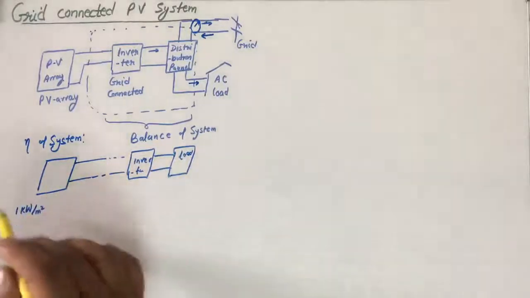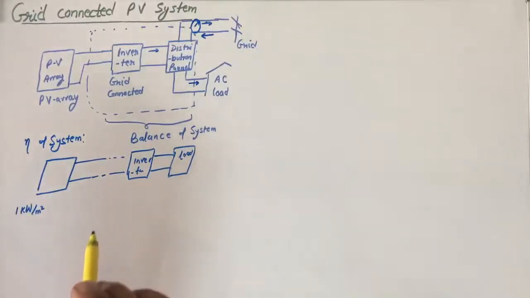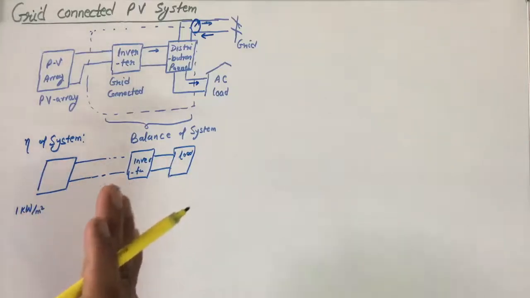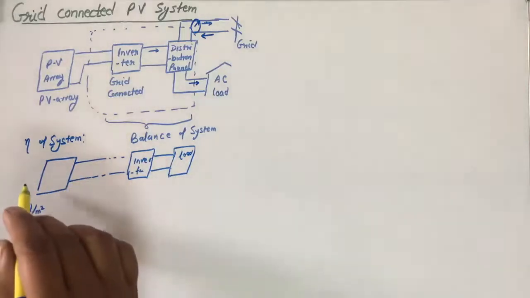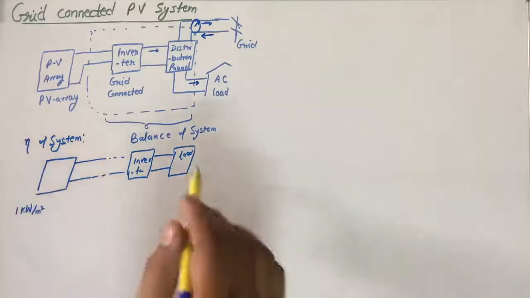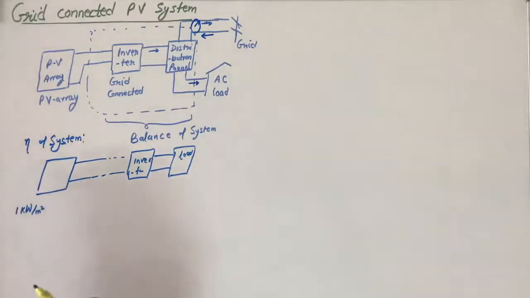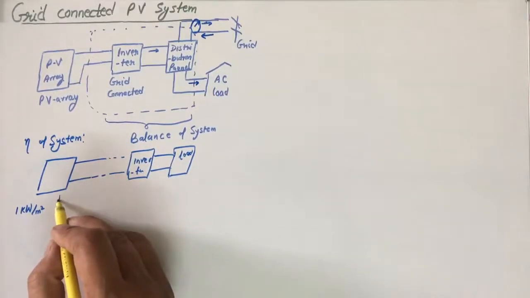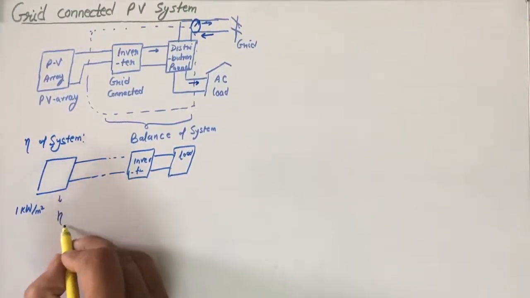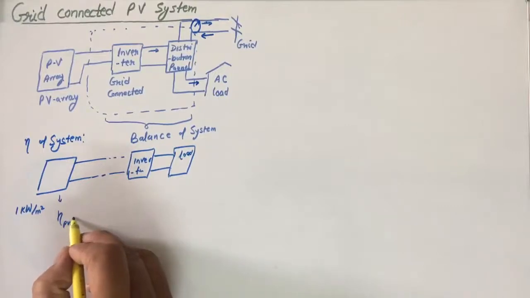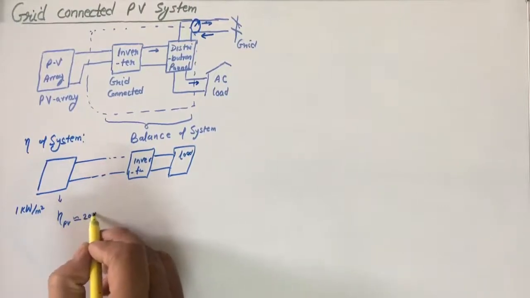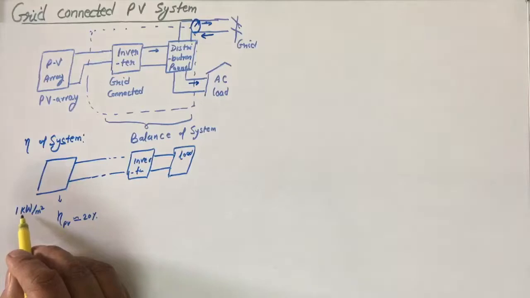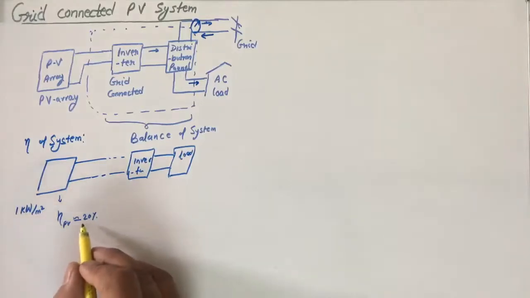So in these, every stage has its efficiency, and every stage reduces the efficiency of the full system. Let us see how. At the output, we know the efficiency of the panel is approximately 20%. It means of the power that we have here, we can get only 20% of it.